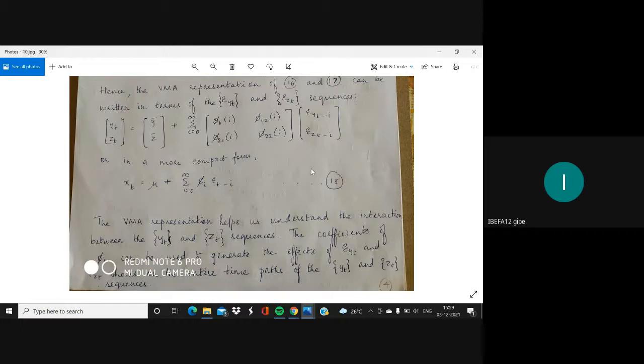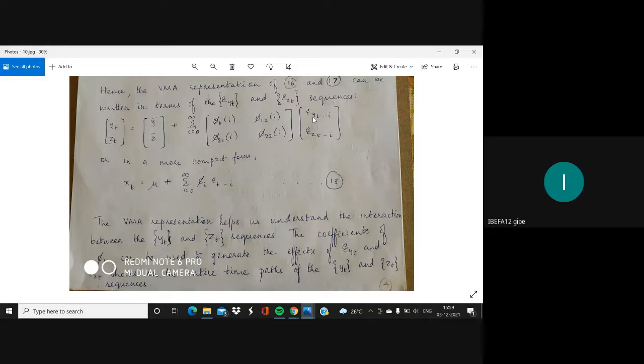Now the reason that we are writing this whole VAR model in this form is we want to understand how any small change in the structural error terms. Suppose there's a shock to one of these structural error terms. When I say shock, there's something which causes a small change in the structural error terms.